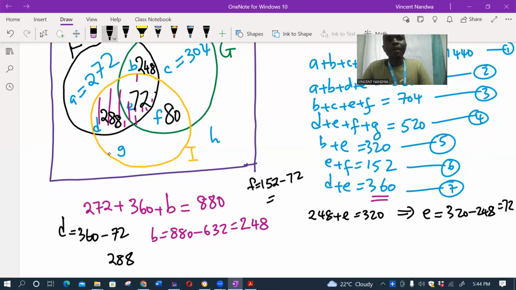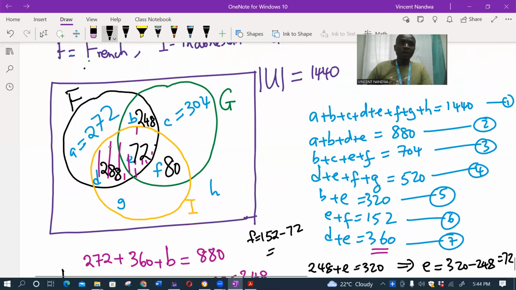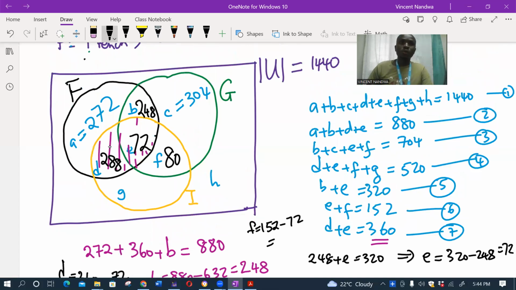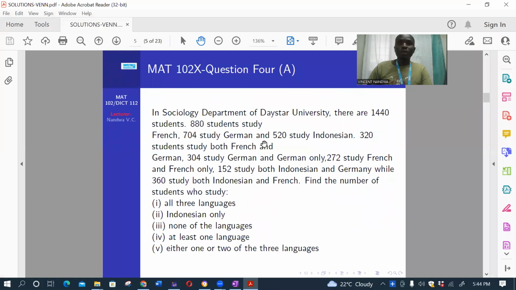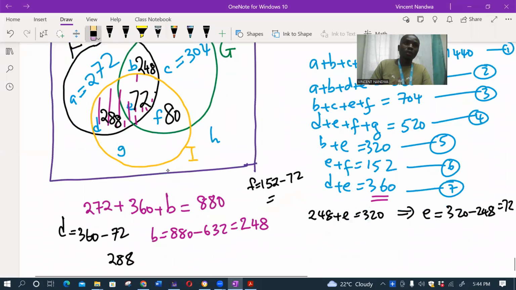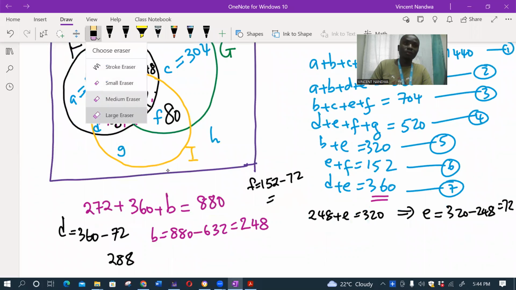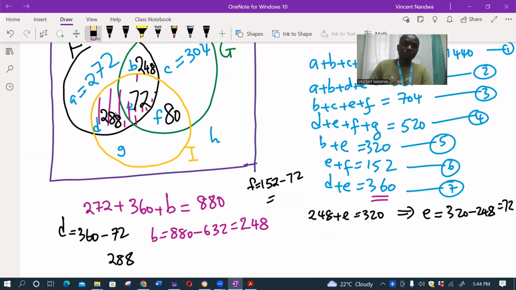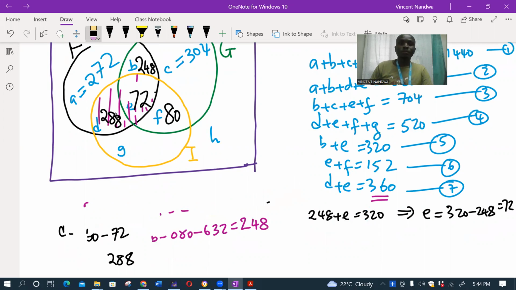Now it becomes easier to solve for G, because according to the question, those studying Indonesian are 520. So when we add all the numbers in the yellow circle, we should get a total of 520. G will be simply 520 minus 288 minus 72 minus 80.